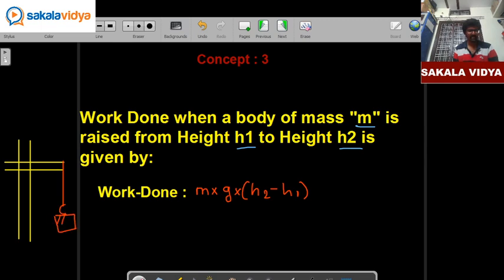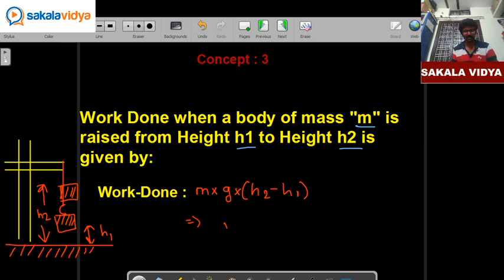If its initial height above the ground surface is, for example, h1, finally it is going to reach a height of h2 from the ground surface. So what is the total work done? That is simply m into g into the difference in the level of height, that is h2 minus h1. Where h1 is the initial height, h2 is the final height.